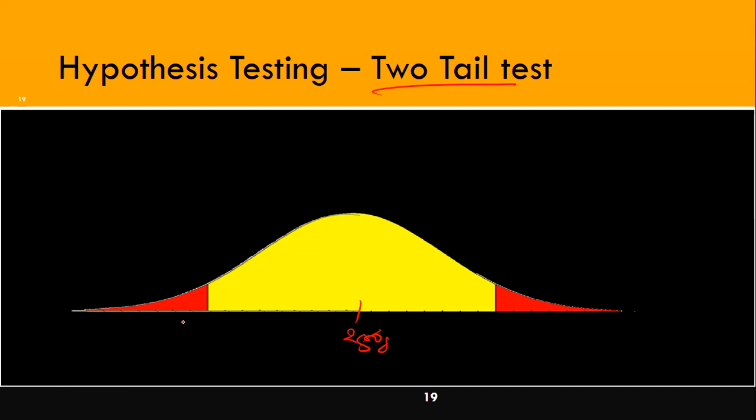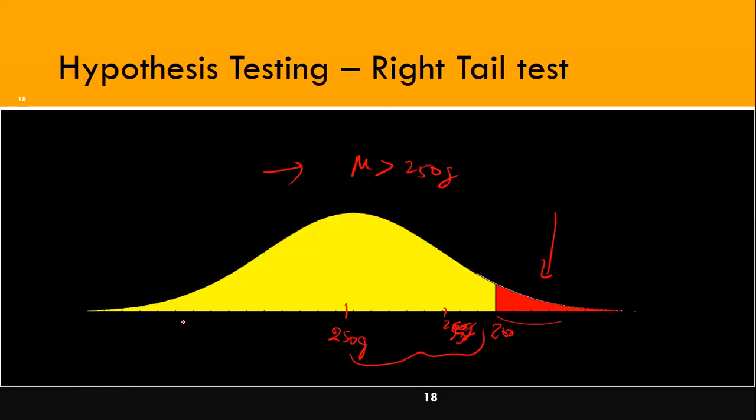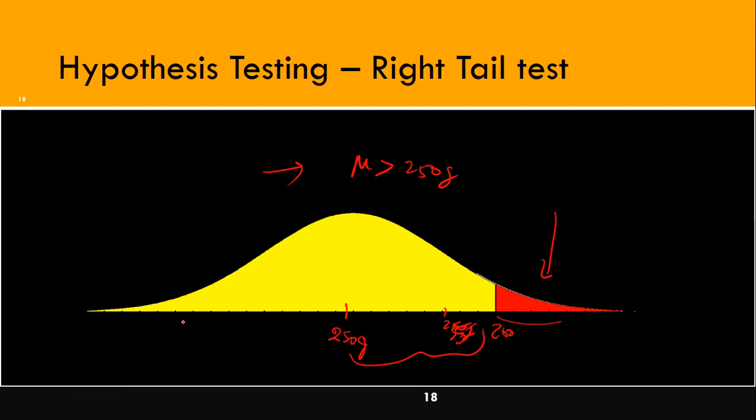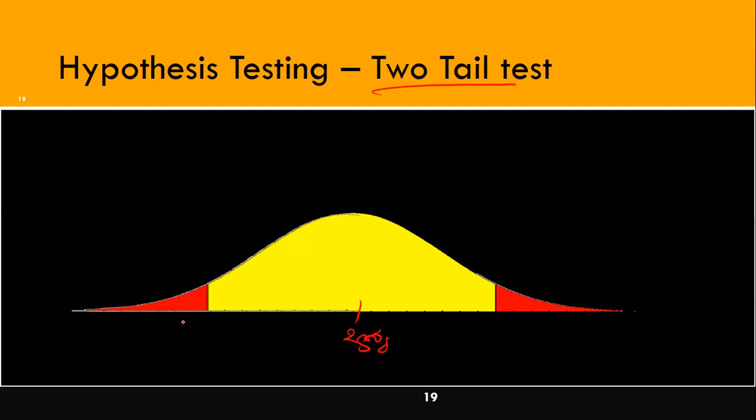The simple one, from the customer point of view, you say, hey, it is less than this, I cannot afford. The right tail test is, again, for the quality person. So, can someone give me any example for the right tail test? When can we conduct the right tail test? As a quality manager, you are very particular about the two tail test, because it should not overfill, it should not underfill.